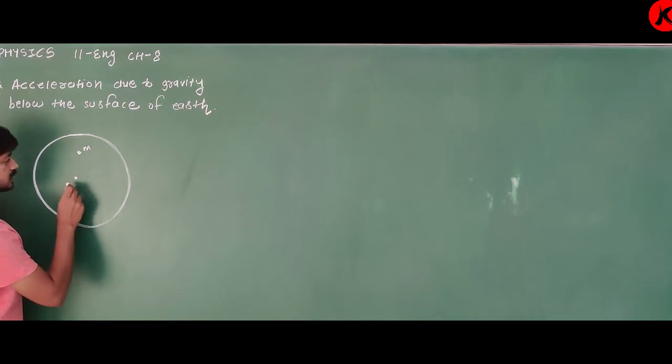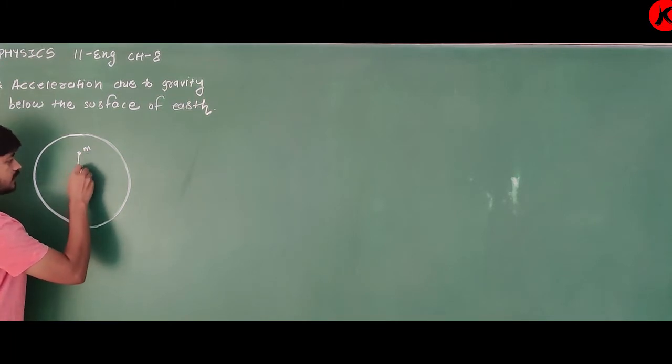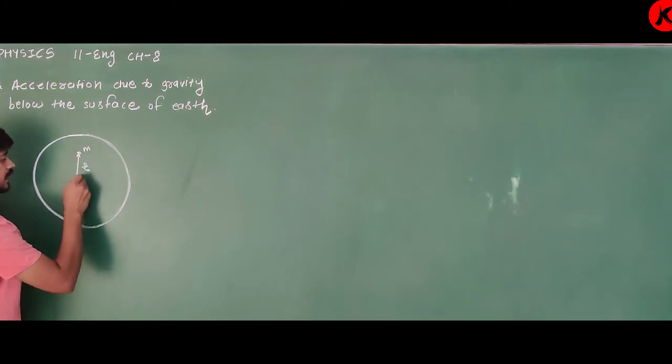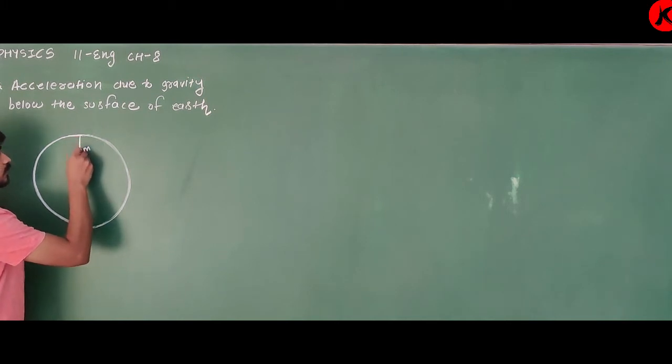Clear? Distance from center of this particle is r, and depth from surface is d. Do you understand the question? We want to find gravitational acceleration at a point below the surface of Earth at depth d.